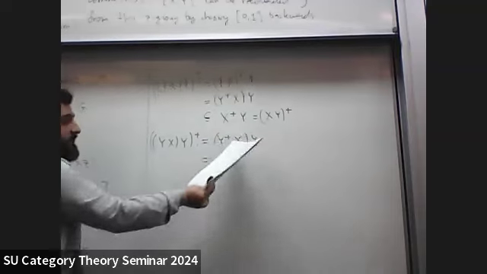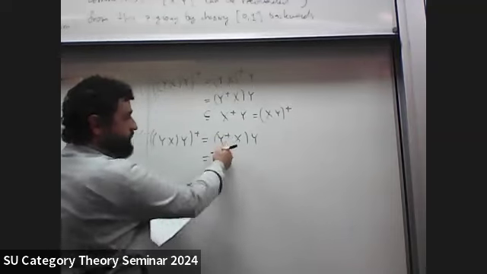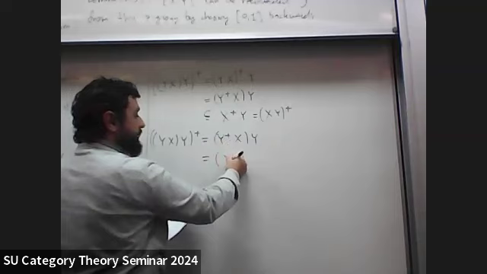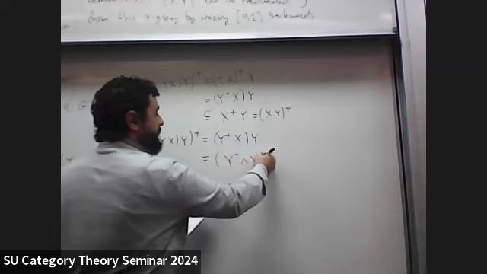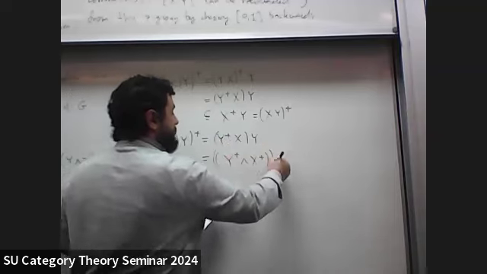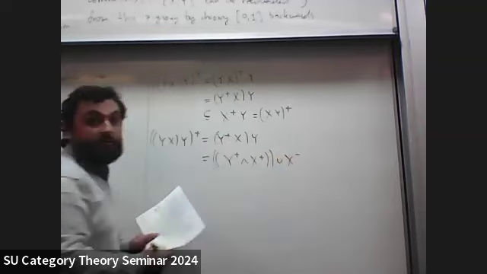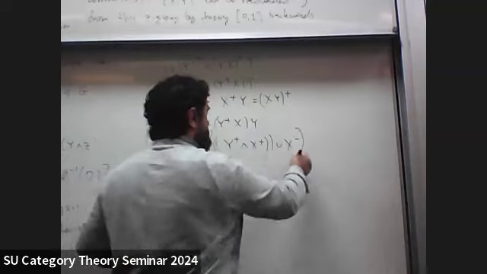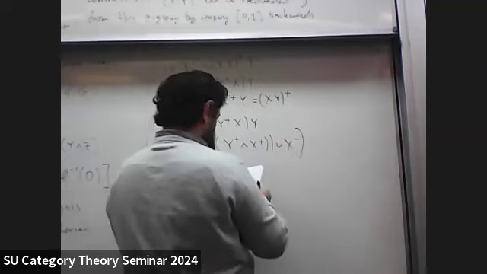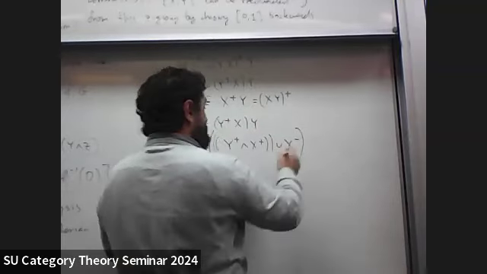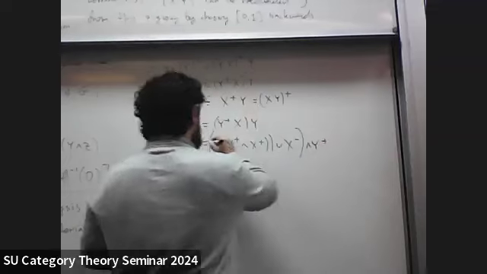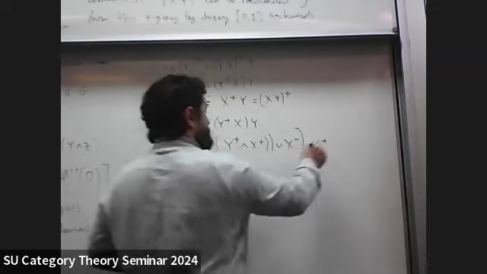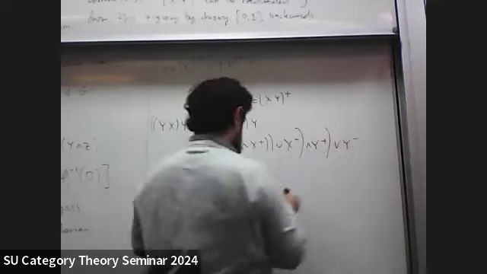And so what is y plus x? It's projection of y in x, which means I take y plus, I meet it with x plus, and then I join it with x minus. And then I do the same thing to this long thing. Then I meet it with y plus, and I join that thing with y minus.